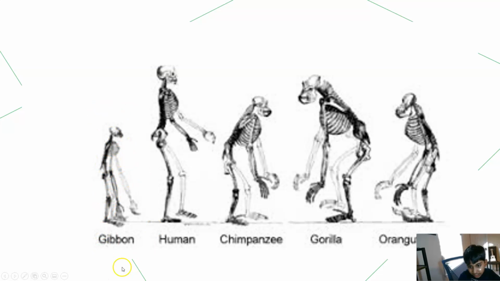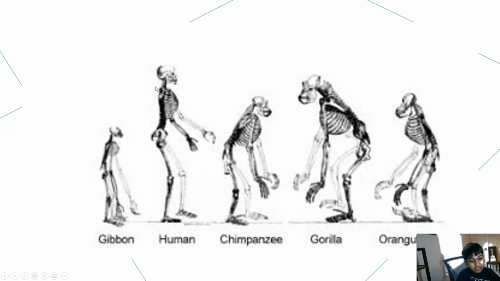This is Gibbon here, and it's smaller than a human, but its shape is similar. And you know why all of these creatures look like this and walk, and humans walk? It's because of the time they came.